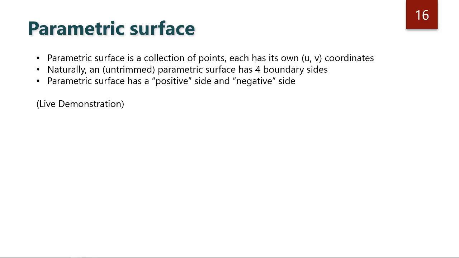Now the surface also has an up and negative, and it's consistent with the UV. Now all of this knowledge is, I think, basic to Rhino curve modeling. This is not even Grasshopper stuff. This is just basic Rhino stuff. But it's important to keep them in mind when working in scripting.